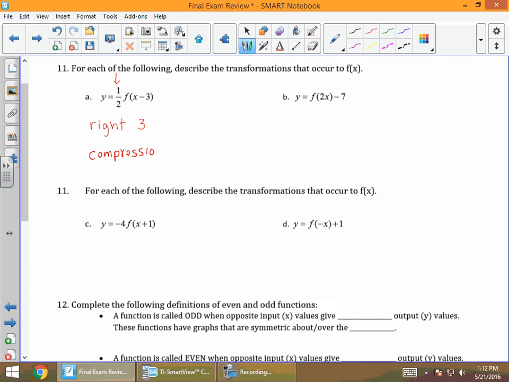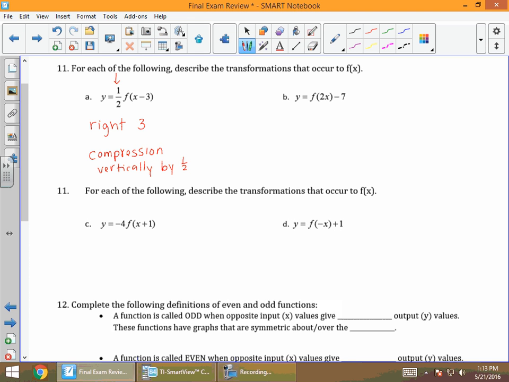It is outside, so that is my vertical. So a compression vertically by 1/2. We are going to make all of the y's half as large. Those are the 2 transformations in part A.